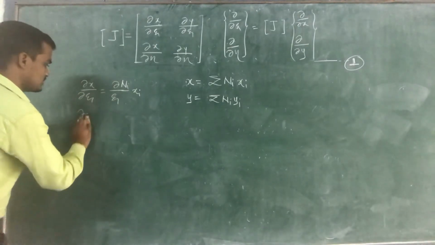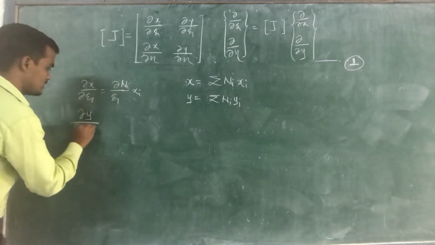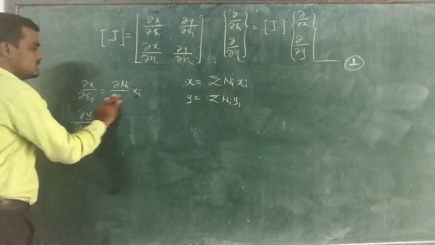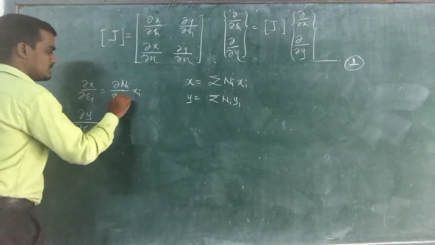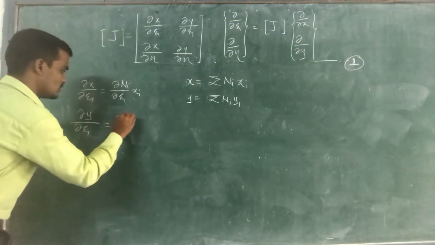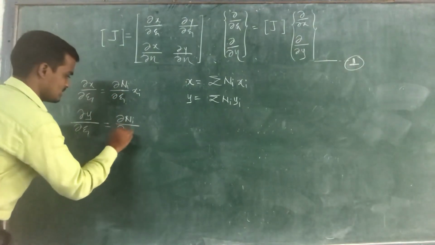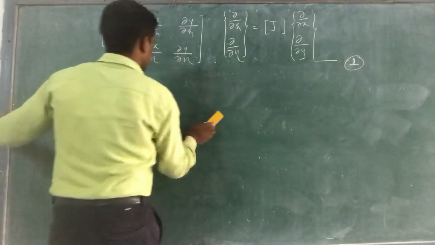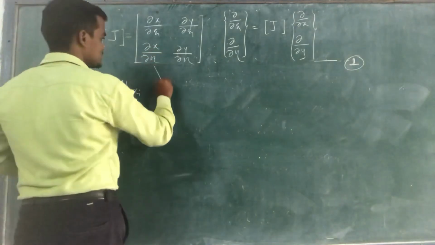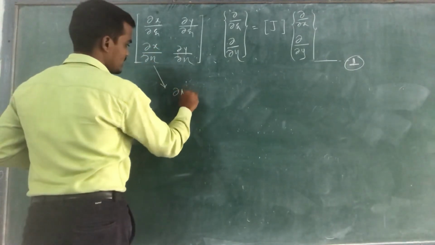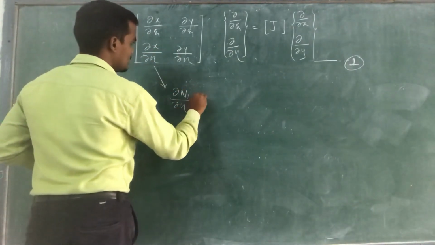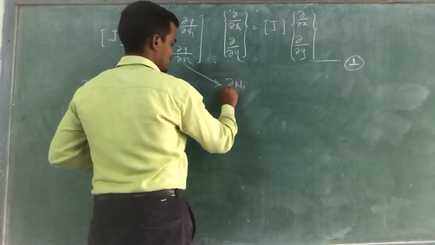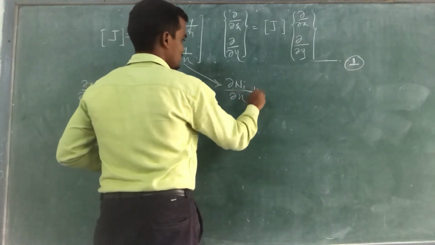Similarly, for ∂y/∂ζ, the x terms are constant because here we are taking the derivative only with respect to ζ. Similarly here ∂Ni/∂ζ times yi. And similarly for these terms, ∂Ni/∂η into xi, and for these terms ∂Ni/∂η into yi.